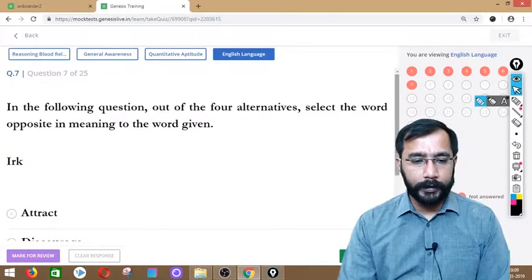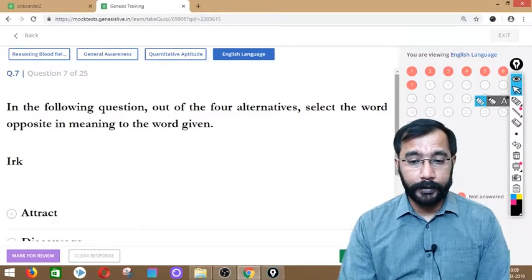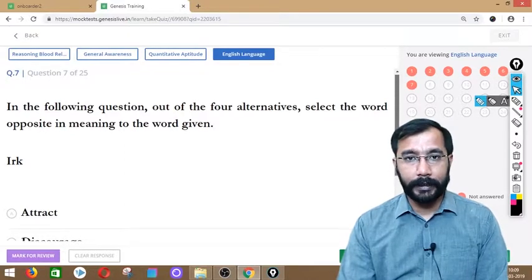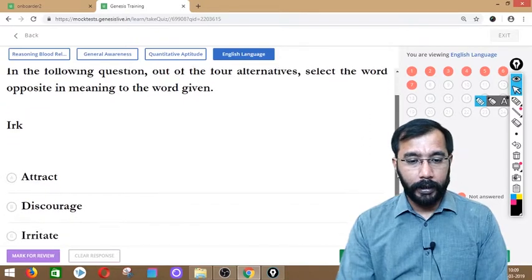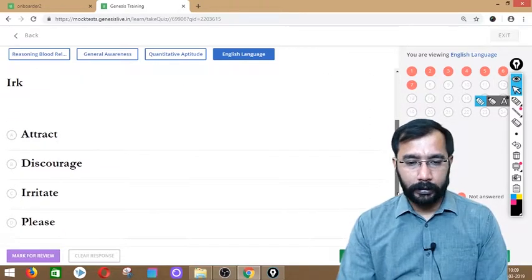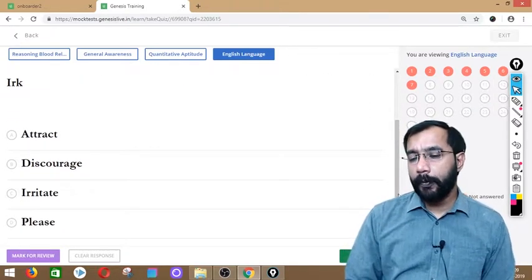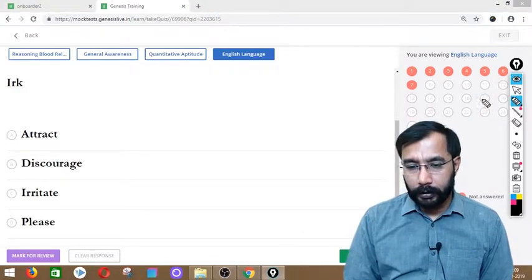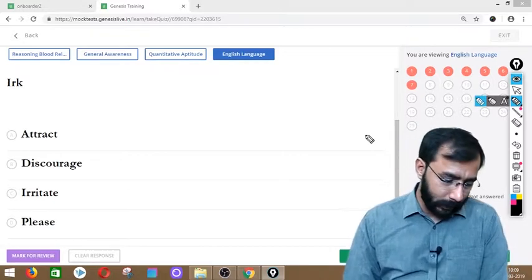All right, let's look at the next question. In the following question, out of the 4 alternatives, select the word opposite in meaning to the word given. So basically they're saying find the opposite meaning for the given word. Now the given word is irk. To irk someone is to irritate someone.